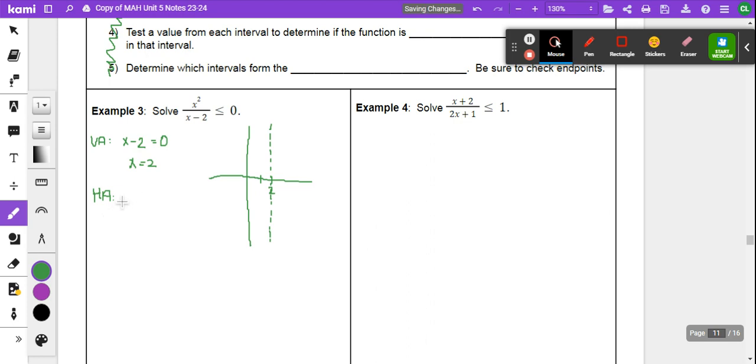Horizontal asymptotes are y equals, and we're going to take the limit as x approaches infinity. And I think this is a new one. We haven't seen this one. So it's x squared, because it's just the highest power, over x. And that's equal to x, because you could just simplify it.